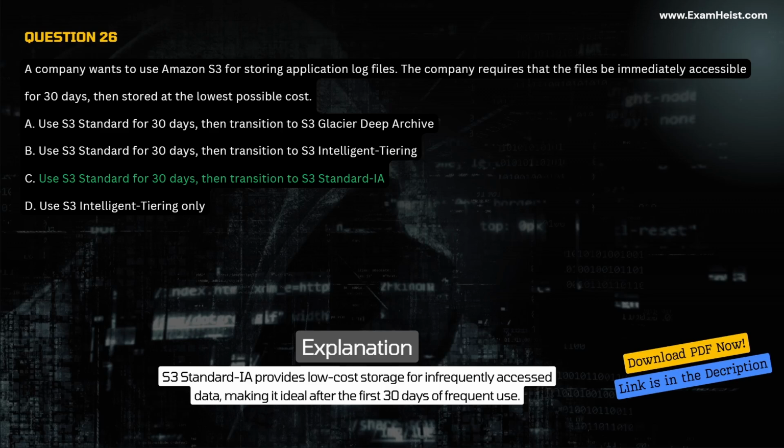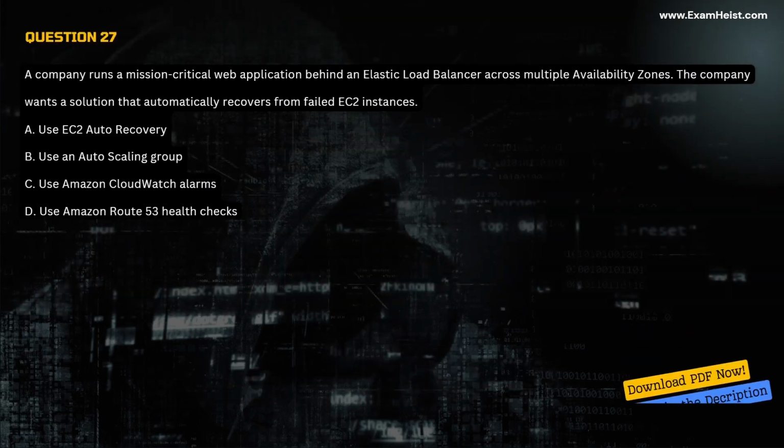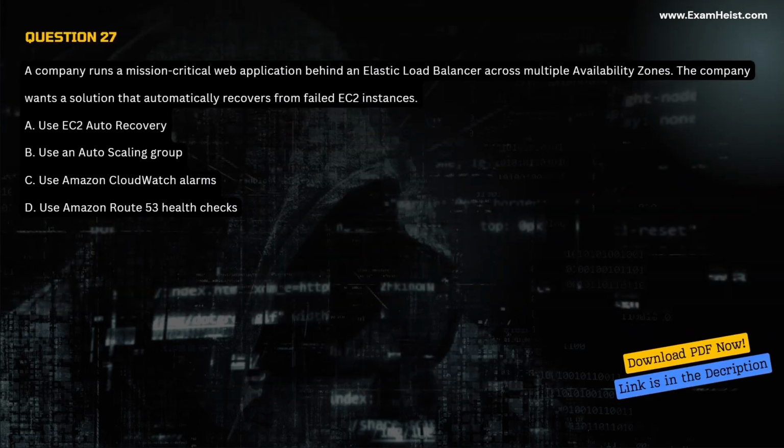Question 27. A company runs a mission-critical web application behind an elastic load balancer across multiple availability zones. The company wants a solution that automatically recovers from failed EC2 instances. A. Use EC2 auto recovery. B. Use an auto scaling group.